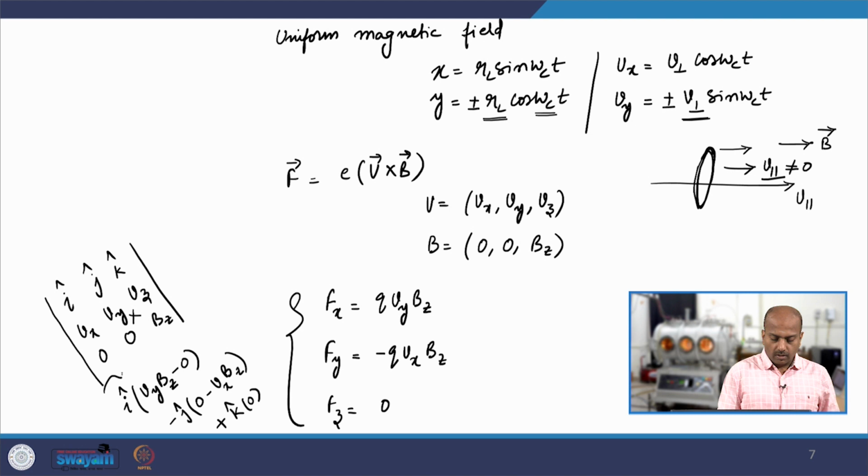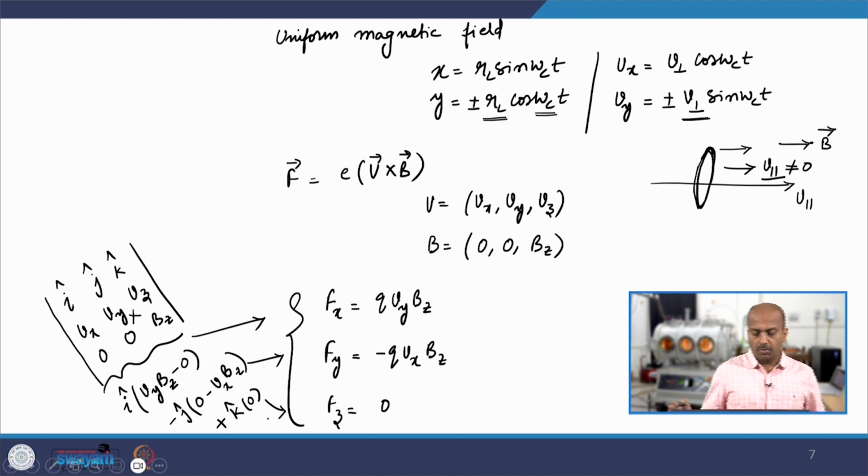So, this is the x component that I have written here, this is the y component I have written here, 0 is the z component. I have written this just for the sake of clarity, so that you may not think how did I get these relations, right.